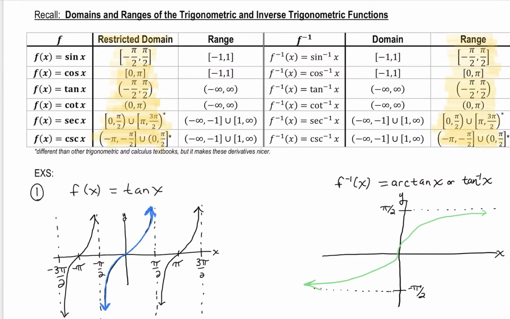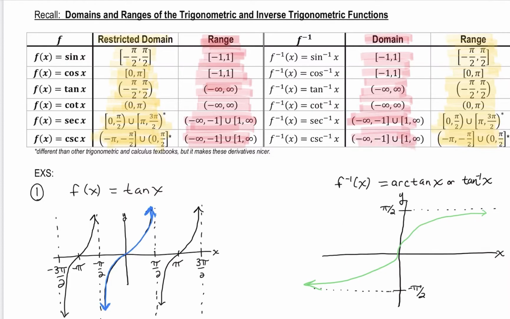So the domains and ranges switch, and vice versa. The ranges of the original functions are going to be the domains of the inverse functions.